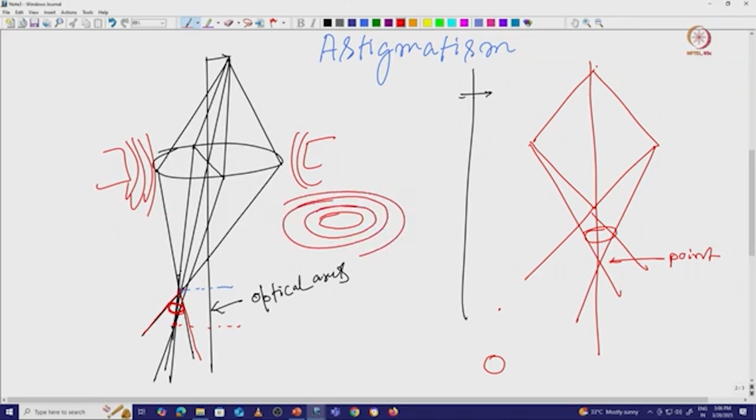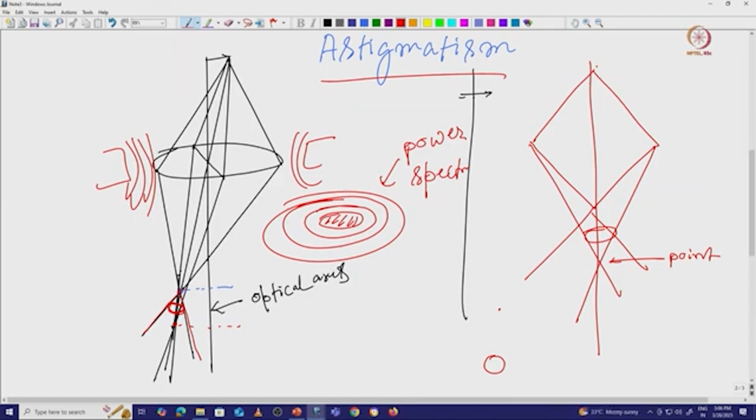This is called astigmatism. If we just consider this is our power spectrum, it will be an elliptical power spectrum. This is called astigmatism, and this astigmatism we should correct using our stigmator. I already discussed that we have to use the stigmator and correct that one.